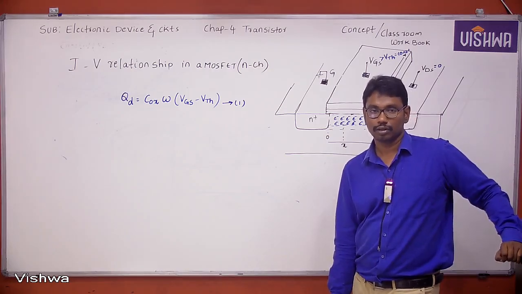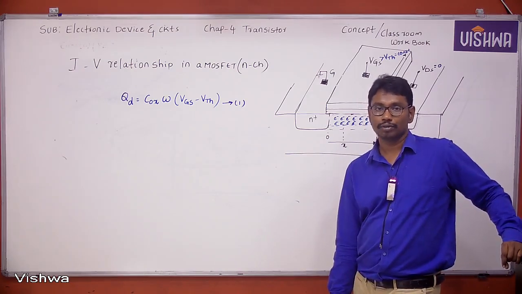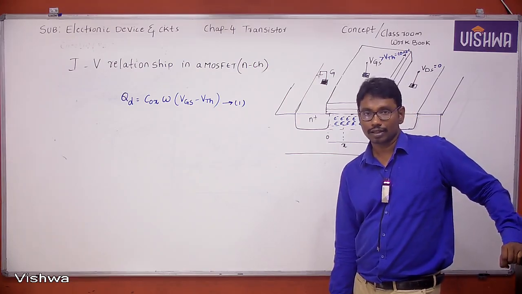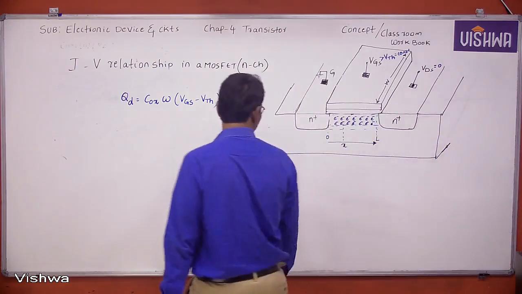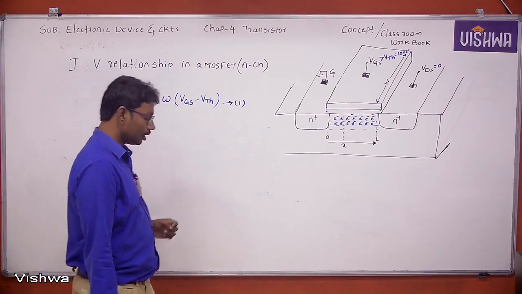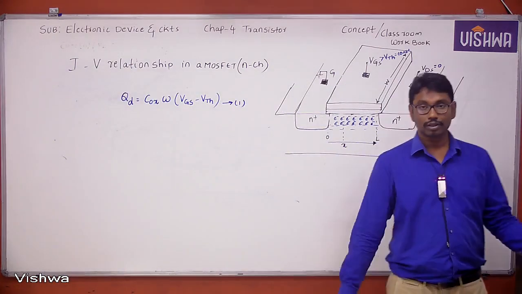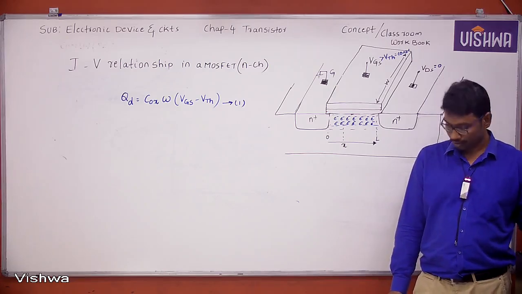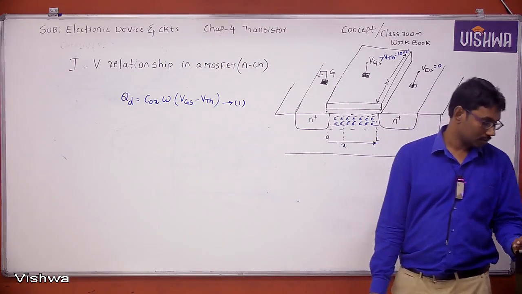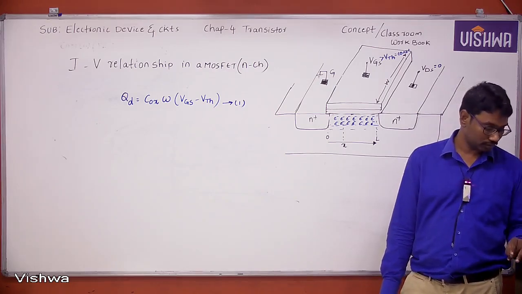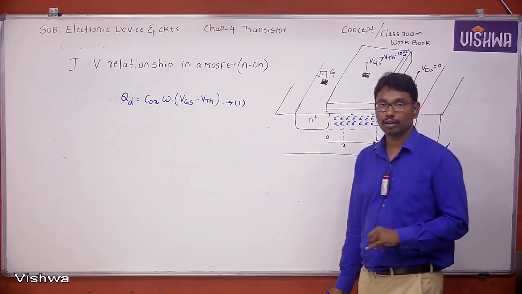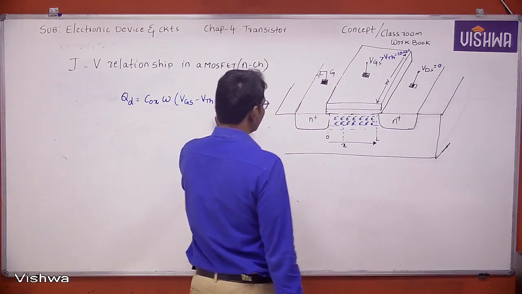When VDS is 0, the charge density in the inversion region is given by QD equal to COX into W into VGS minus VTH. This is also called the inversion region, as I already told. Consider this as equation 1.